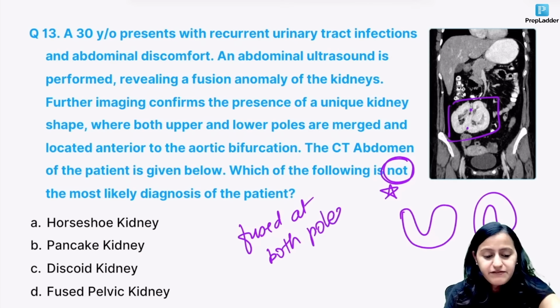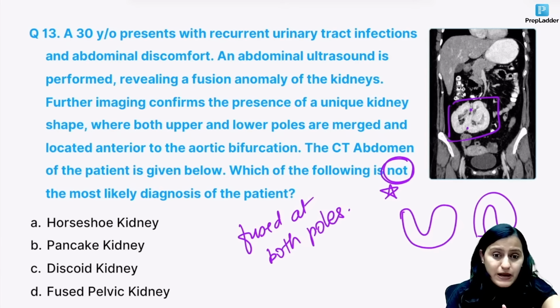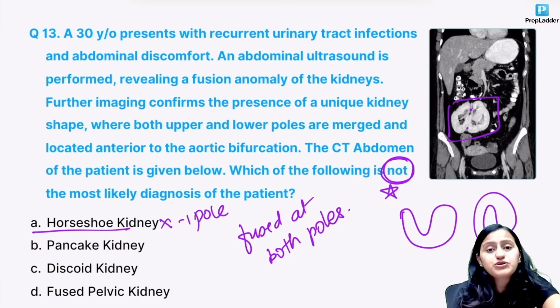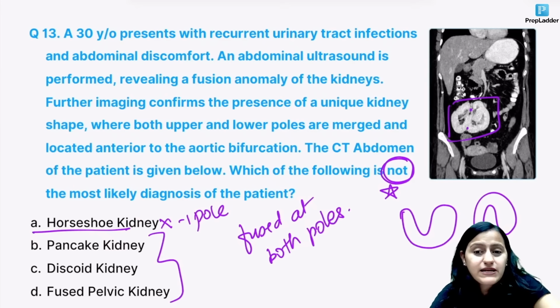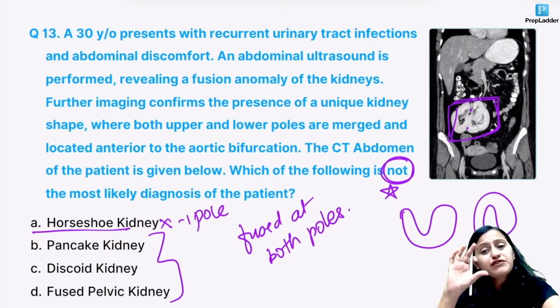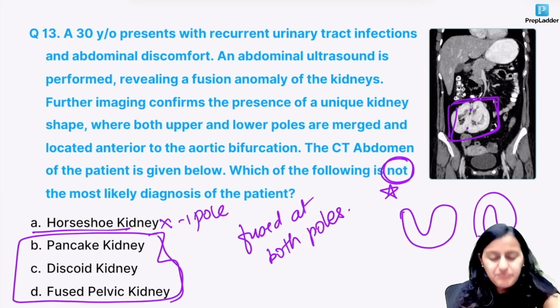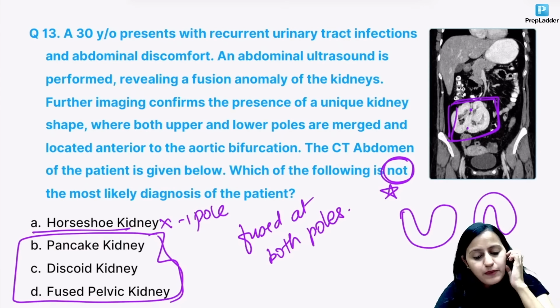The kidneys are fused at both the poles, while horseshoe kidney is fused at one pole. So which is not the diagnosis? It is horseshoe kidney. The rest of the three options, pancake kidney, discoid kidney, lump kidney, fused pelvic kidney, are the terms for kidneys which are fused at both the poles. So basically B, C and D mean the same. Horseshoe kidney is fused only at one pole.